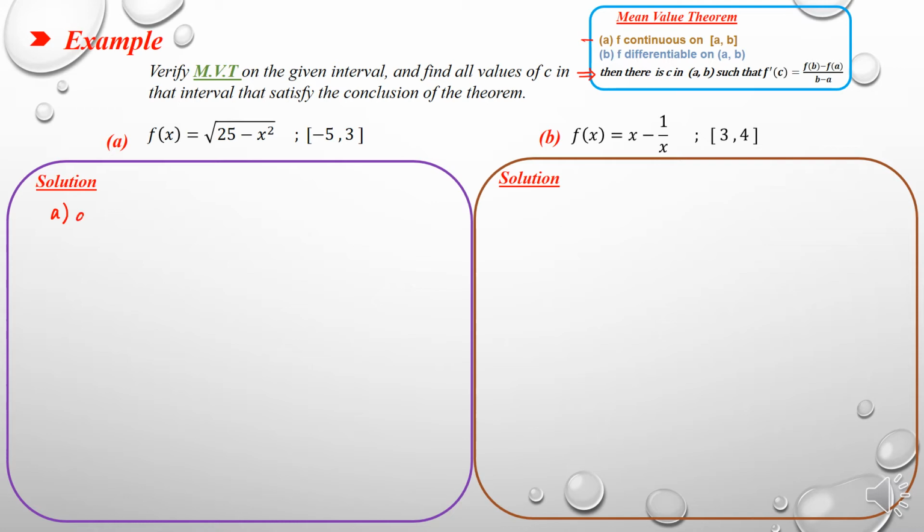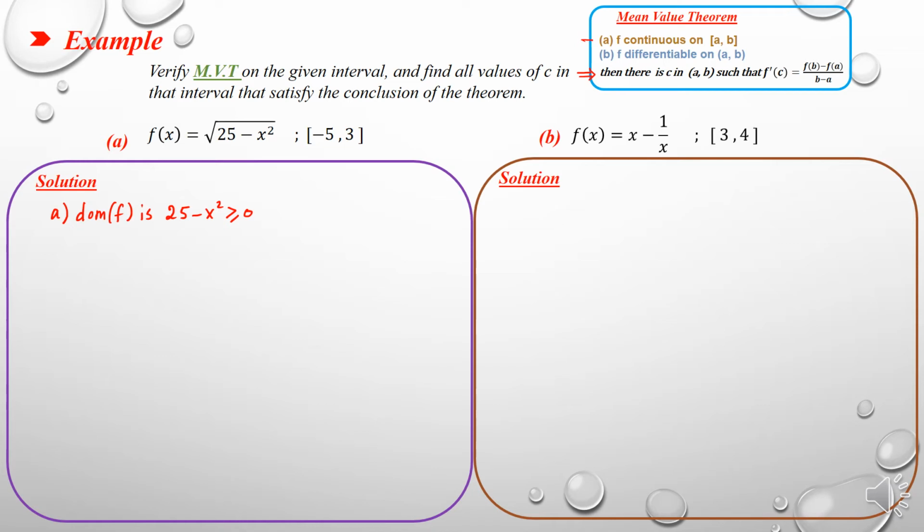So you have to find the domain of this function. And as you know, for a square root function, the expression inside must be greater than or equal to 0. So we have 25 minus x squared must be greater than or equal to 0, which is positive, on the interval from negative 5 to 3.